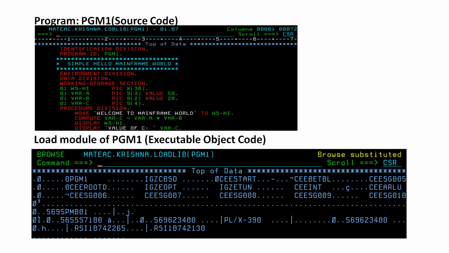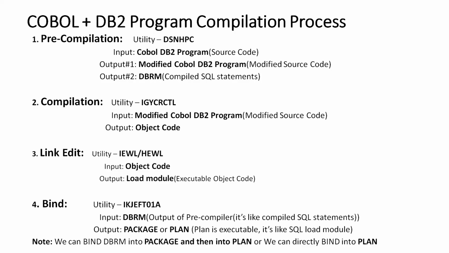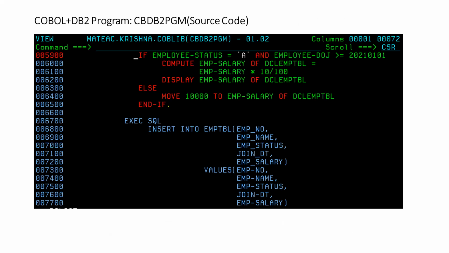So this is a COBOL program, right? This is a plain COBOL program. If you compile this, we get this load module right at the end. Similarly, this is the run JCL of the normal COBOL program. We directly run using PGM equal to PGM1, the program name. If you go to a COBOL DB2 program, this is the COBOL program.